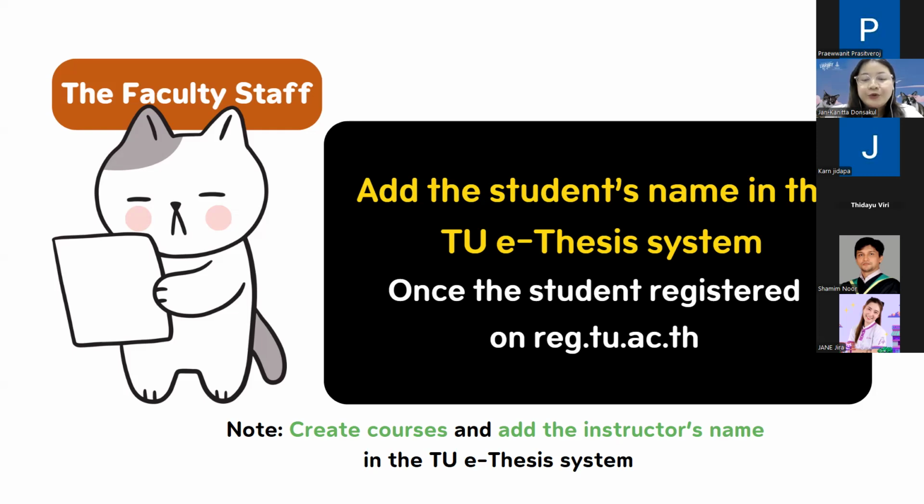Okay, after you register to study thesis or research, you can access the TUETC system. So the faculty staff will create the course. You will see the course name and the instructor name or advisor name added into the TUETC system.